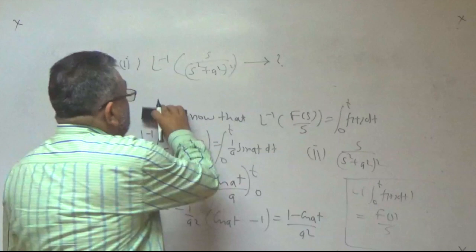What is the right hand side? Double integral e to power minus st f of u g of t minus u, function does not change. Here instead of du dt, now we take dt du, and so limits of t, that is t equal to u to infinity, and u equal to 0 to infinity, right?